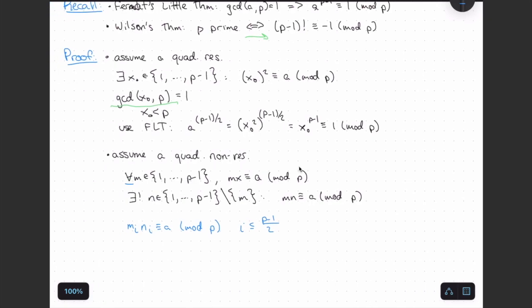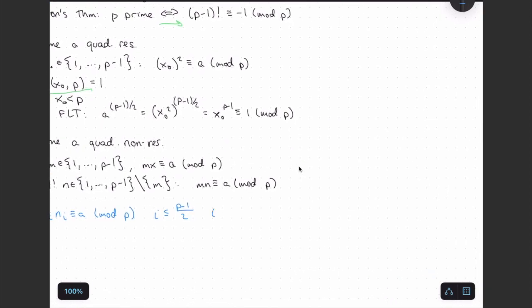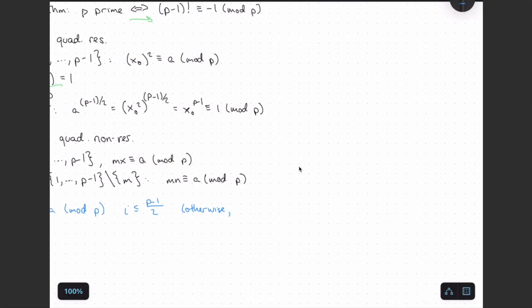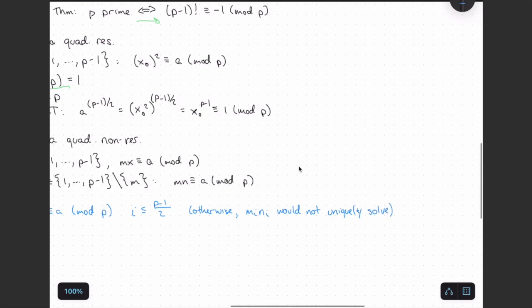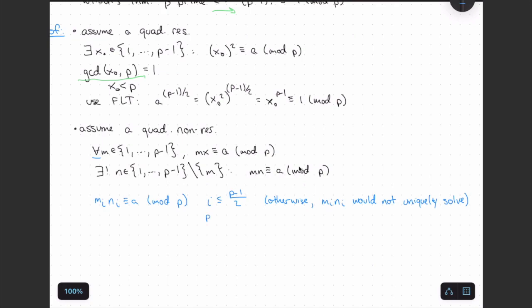If i were bigger, otherwise mi and ni would not be unique to one another. And we can also say that p minus 1 over 2 has to be less than or equal to i. Otherwise, there exists an mi such that there is no solution.